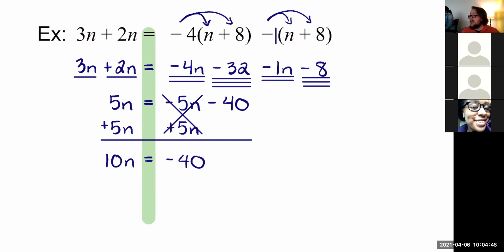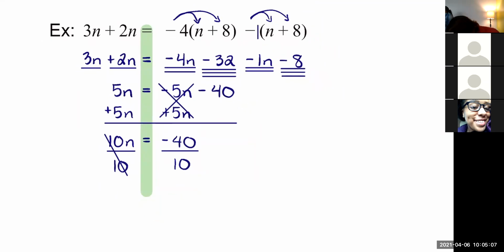Well, then we're in luck here because we're still trying to get the variable by itself, but this time we're left with a 1-step equation. What's left to move? Divide both sides by 10. So the 10 divided by 10 simplifies to a 1, which we hide.